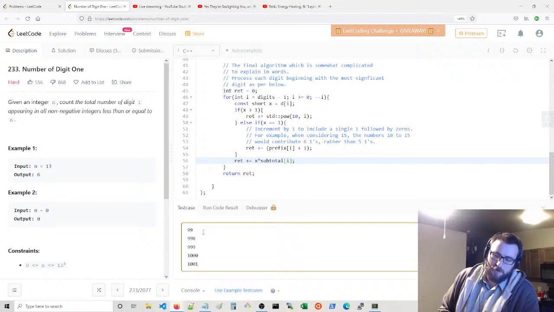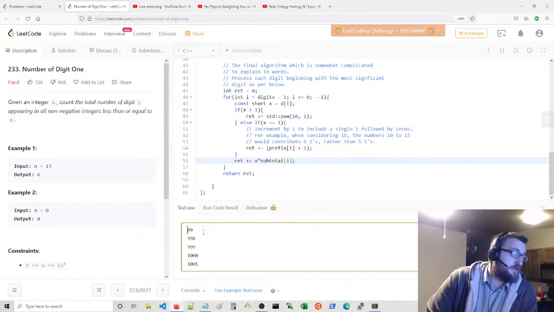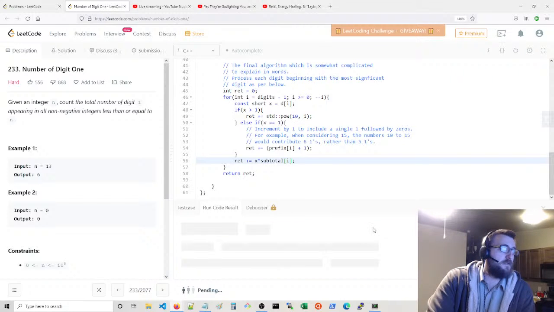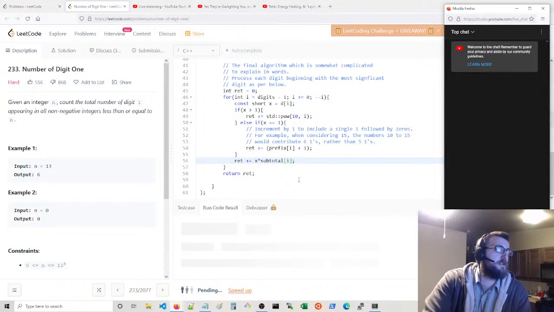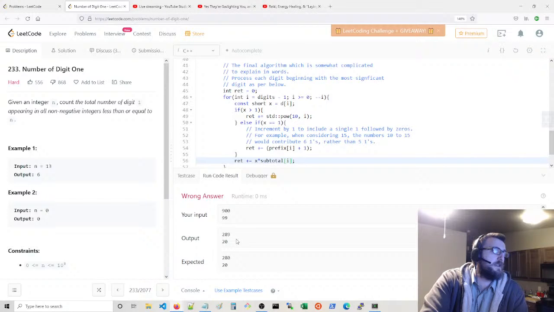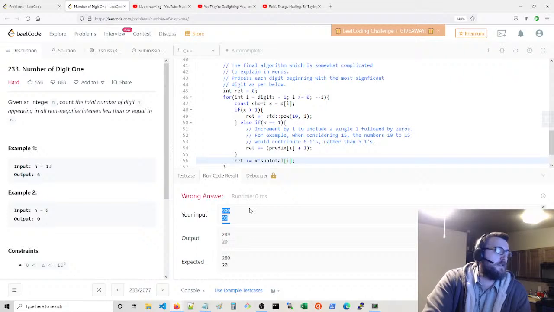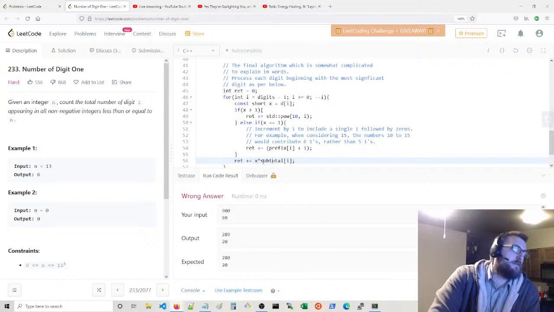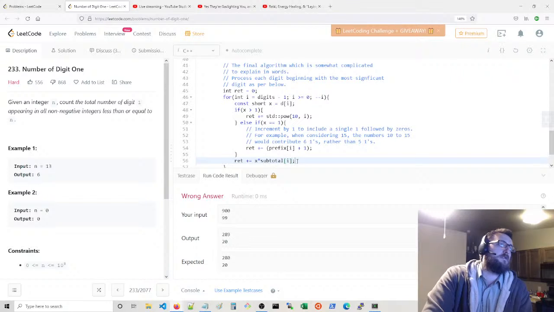Which is right, so that's if you did 900. So if you did 900, that should give you 280 roughly. 289. Okay, that's too many. We have to go over that. Why do we get 289? I think the reason we got 289 is the subtotal is not quite what we were looking for.